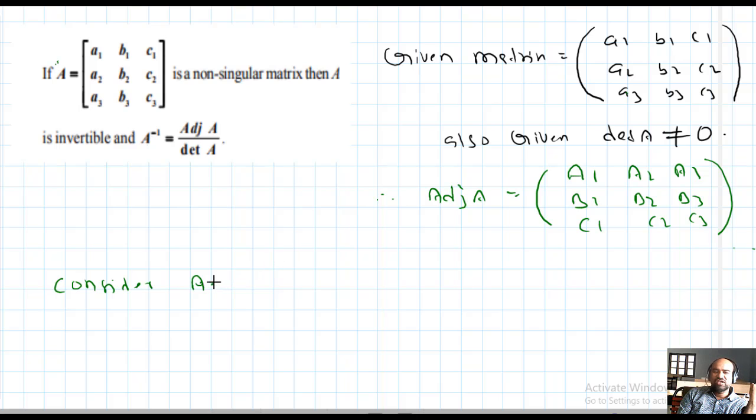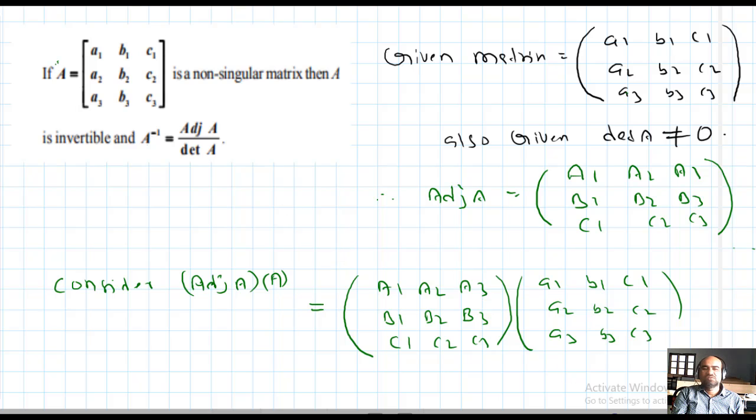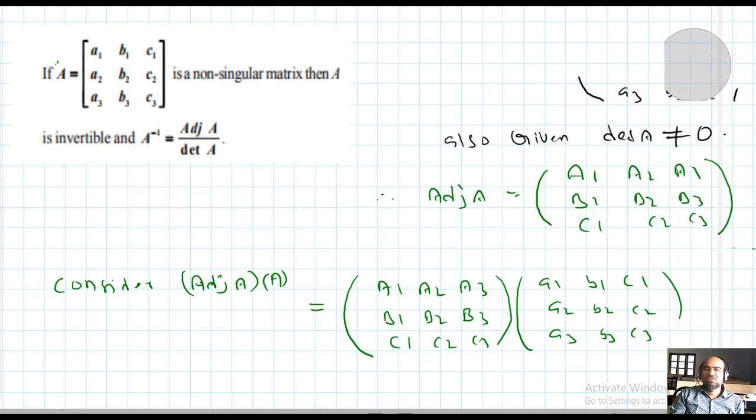Adjoint A, I want to multiply with the matrix A. Adjoint A is A1, A2, A3, B1, B2, B3, C1, C2, C3, which should be multiplied with small a1, b1, c1, a2, b2, c2, a3, b3, c3. Now I want to multiply.